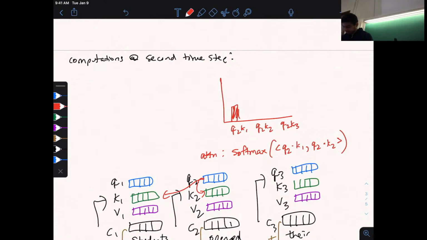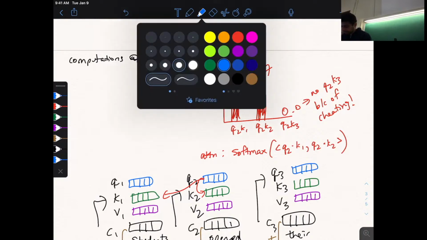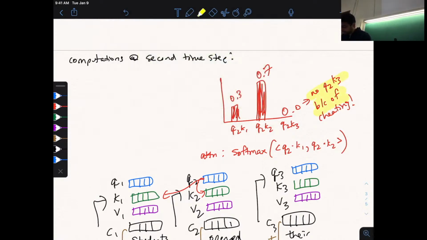So we might have some probability on this one, some other probability on this one, and this has to be 0, right? No q2k3 because of cheating. So however we implement our language model, it cannot allow for any non-zero probability to be put on time steps ahead of the one that we're currently predicting for.